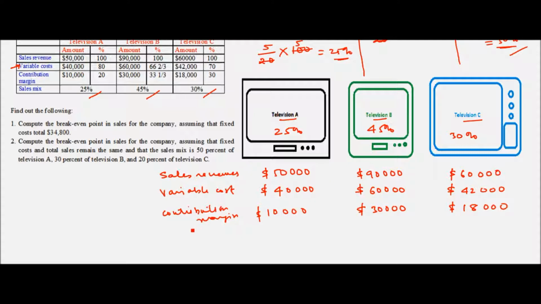So the total fixed cost for all the three has been given as $34,800. And we have to find out the break-even point in sales. That means how much sales should the company do in order to have a no profit, no loss situation. So let's find out the answers for these questions.